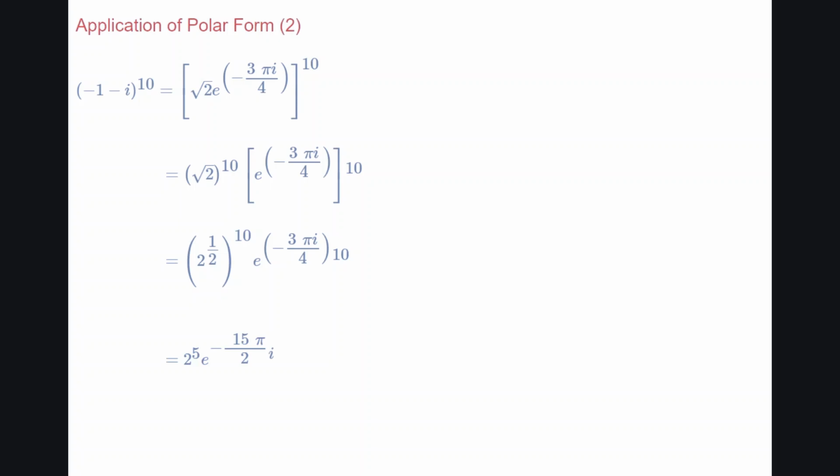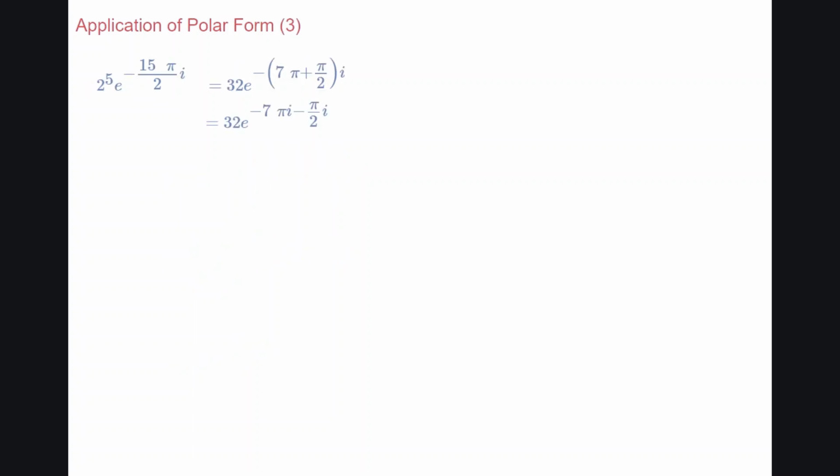The 2 to the power of a half raised to the power of 10, once again we will multiply the indices to get 2 to the power of 5, and the power of e will cancel to get minus 15 pi i on 2. So at this stage we have 2 to the power of 5 times e to the minus 15 pi i on 2.